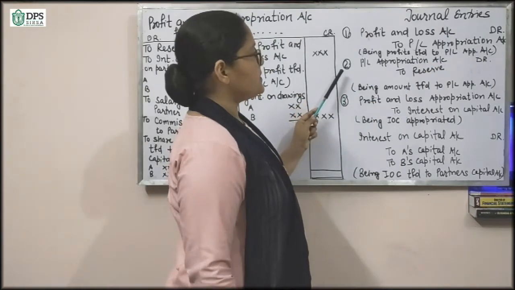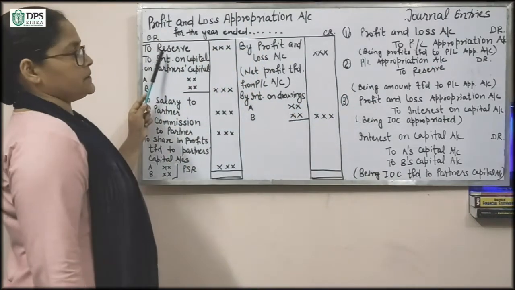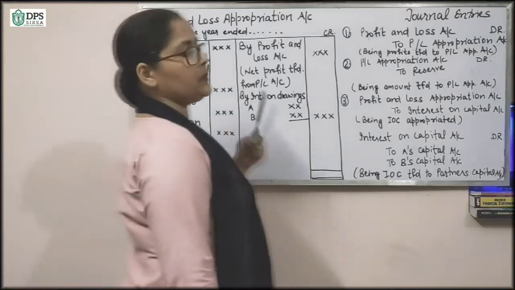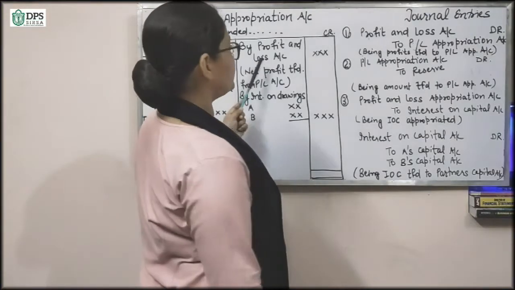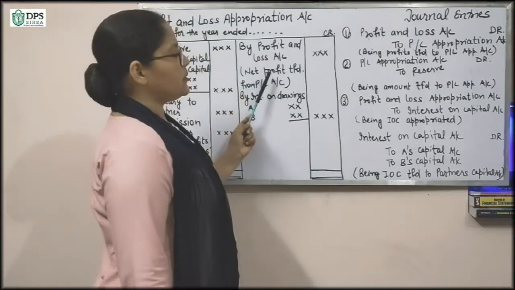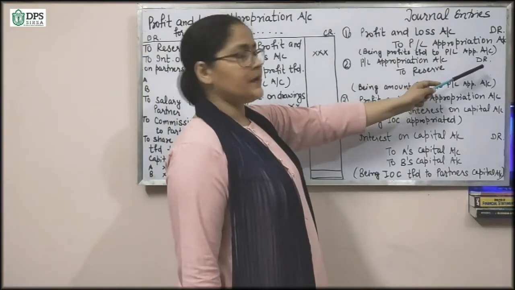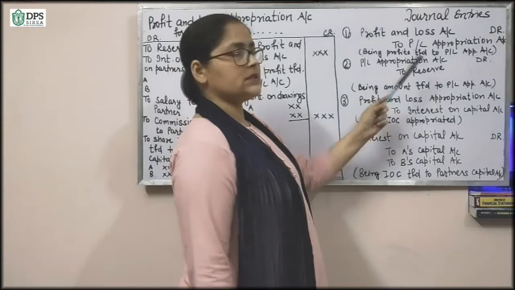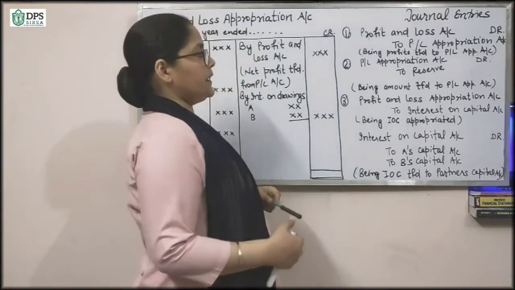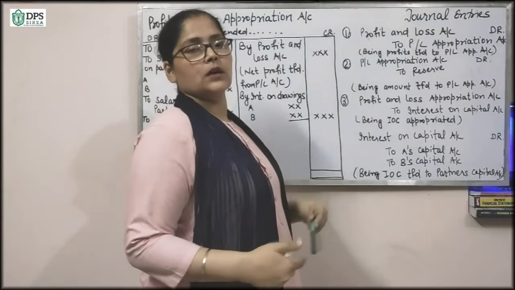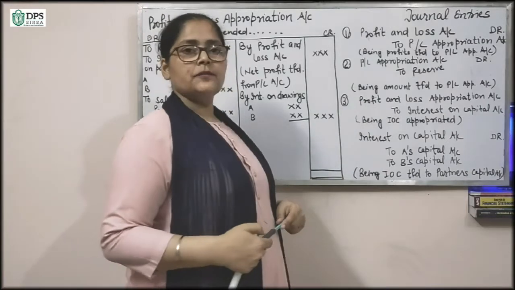The next entry is for reserves. Whenever we provide reserves out of profits, profits will decrease. That's why profit and loss appropriation account is debited to reserve account. Reserve is credit because it is a liability for the firm.